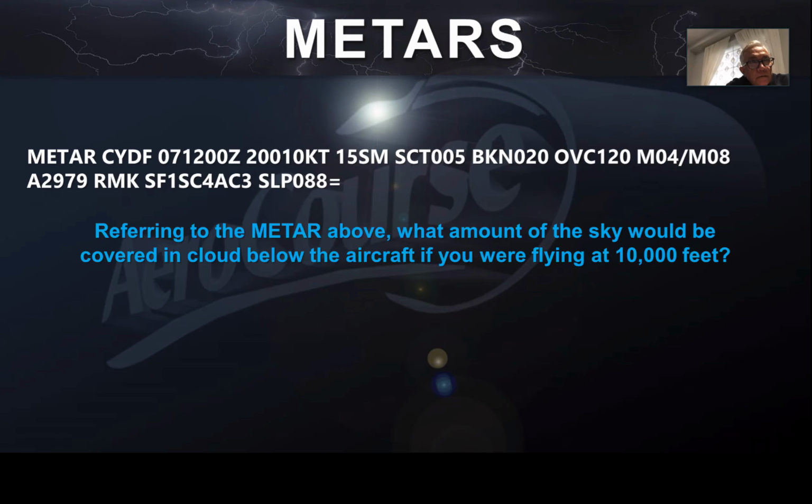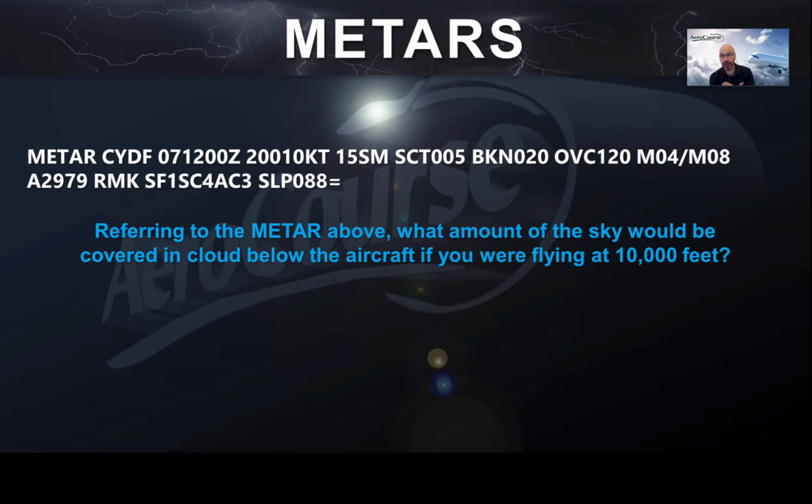So if you were given this question on the exam: you're flying to this airport at 10,000 feet and you're looking down, how much of the sky would be covered by cloud? So remember, it's a summation. At least 5/8. At least 5/8, exactly. You're looking down from 10,000 feet, and there's a scattered and broken layer reported.